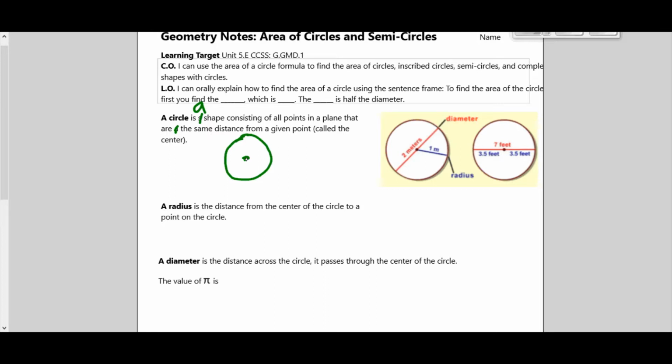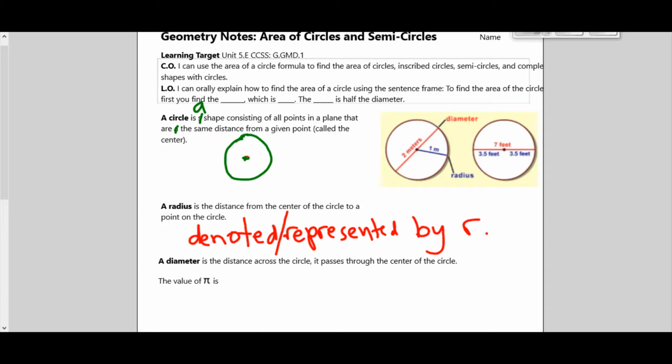The next vocabulary is a radius. A radius is a distance from the center of a circle to a point on the circle. We denote, or represent, the radius with the letter R. So I'm going to show you a radius on the circle that I drew there.